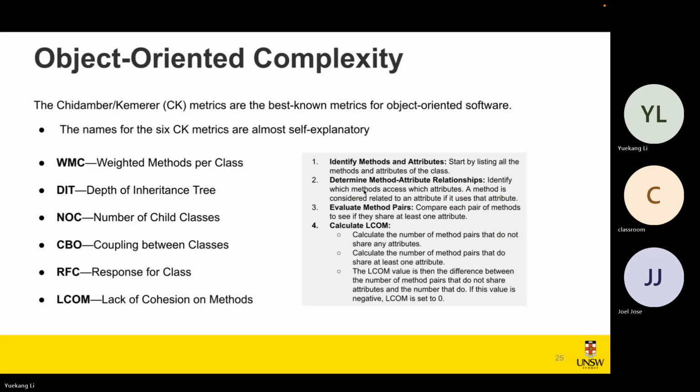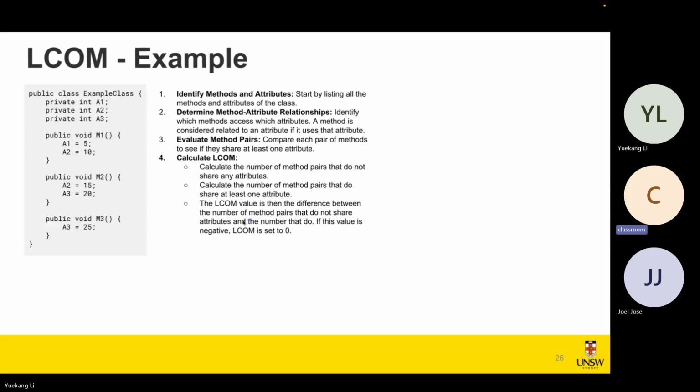So let's have a look at an example. I won't go through too much detail here. Let's use an example to explain this. So assume we have this class here, and we want to calculate the cohesion between methods inside this class. And in this class, we have 3 attributes, A1, A2, and A3.